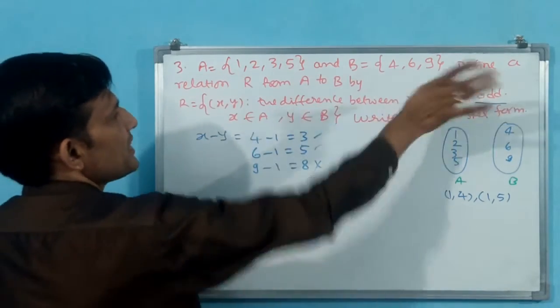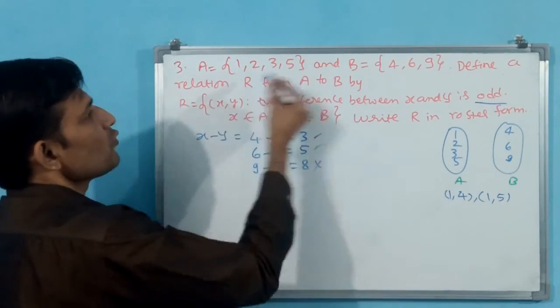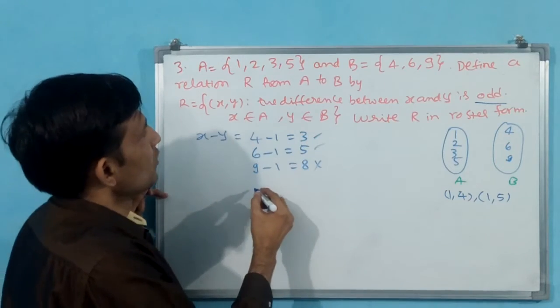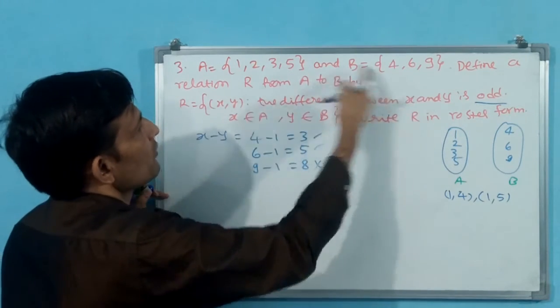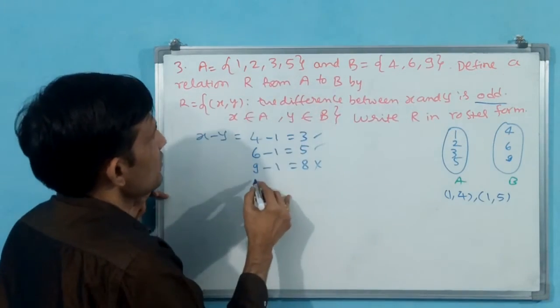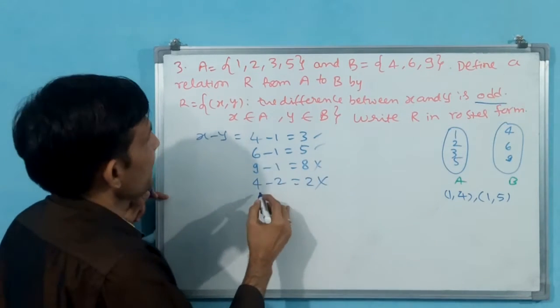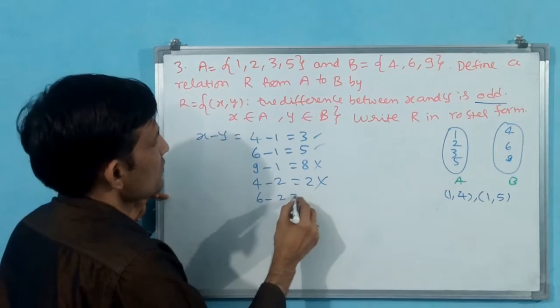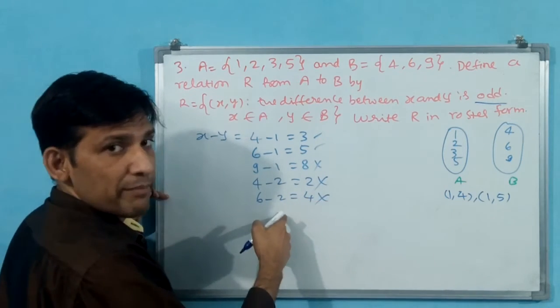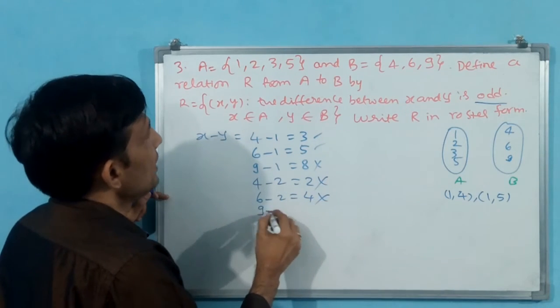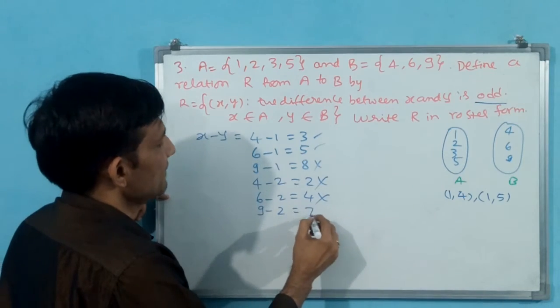Now with 1, the elements are over. Now with 2 we will see. 4 is bigger than 2, that is why you have to take 4 minus 2 is equal to 2, even number. 6 minus 2 is equal to 4, even number. 9 minus 2 is equal to 7, odd number.